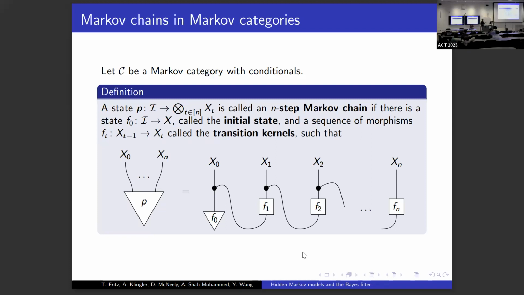And we think of this as an n-step Markov chain, so you start at x0 and then you move on all the way up to xn. And you say that this big joint distribution is a Markov chain if you can rewrite it as starting with an initial state f0, and then you observe that, copy it, feed that into the first transition f1, observe that, and the like up to the final transition fn. This is just a space-conserving notation. There's no real bending going on, that's just notation. But that's the idea of what we're doing here.